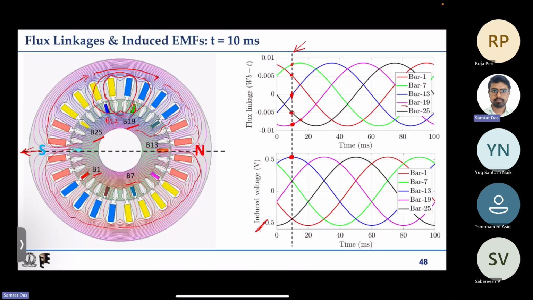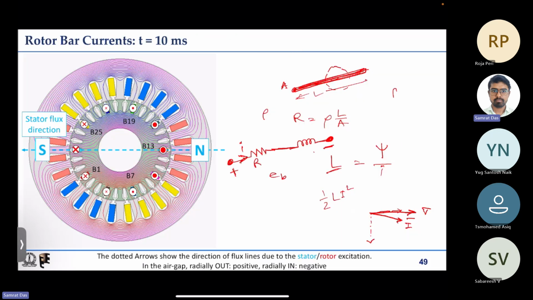So in this case, we have seen that the induced EMF is at the slip frequency, and slip frequency Fsl is equal to S into Fs. Slip is typically 0.1 or less than that, and Fs, if it is a 50 hertz machine, then 50 into 0.1, or even 0.01, 0.02, whatever.